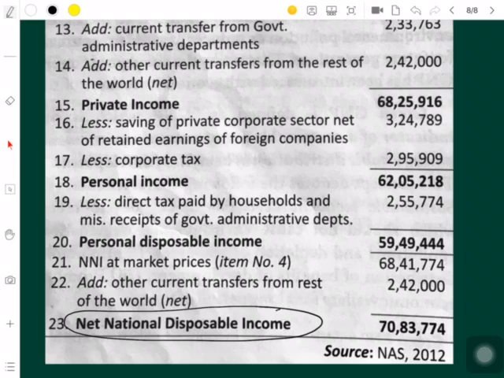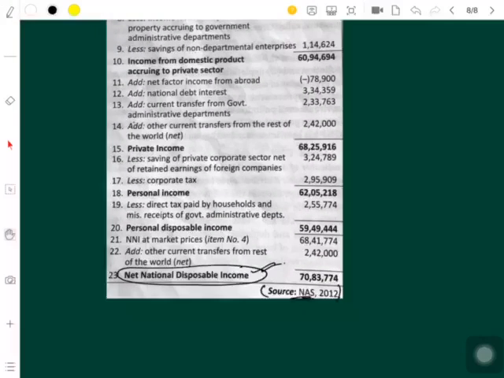Okay, fine. This disposable part of income is not in your syllabus, but it is given here. The source of this is NAS 2012.